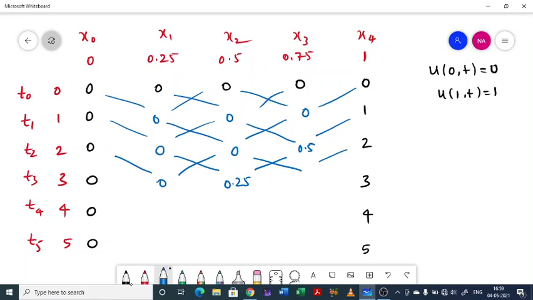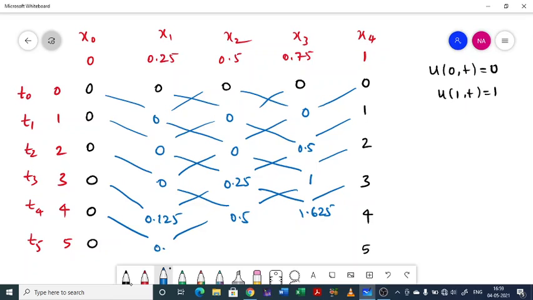Average of these two, 1. Next, average of these two, 0.125. Average of these two is 1 by 2, so 0.5. Again, average of these two, 3.25 by 2, so 1.625. Next, average of these two, 0.25. Average of these two, 0.875. Average of these two, 2.25.